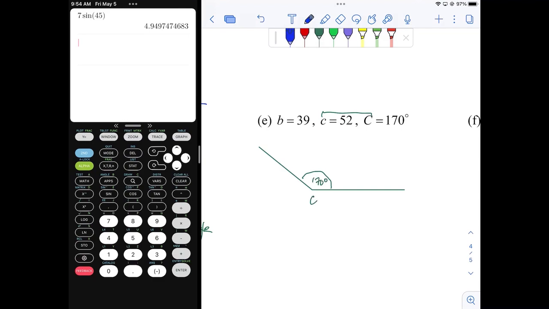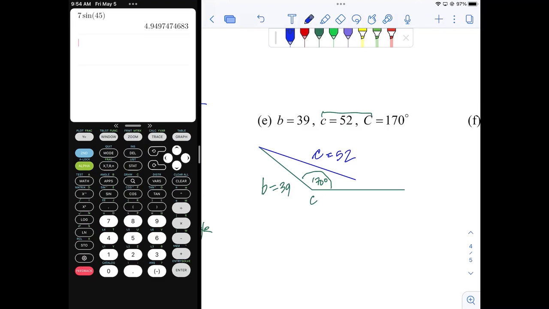And then you have your swing arm, which is this one here. And that's going to be little c. And then you have the other side is B. It's 39. All right, so if we label C, it's going to be 52. And now we analyze, right? Is 52 long enough to reach the side?